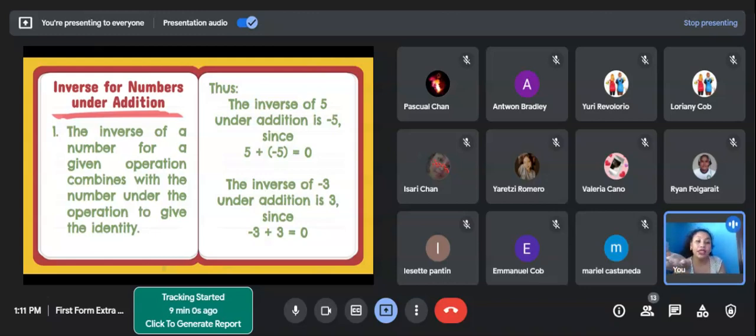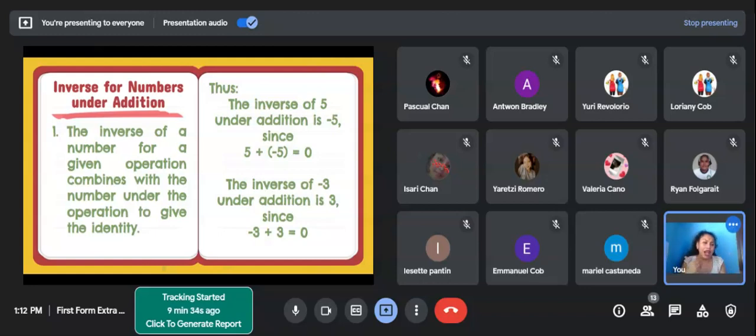So if I give you 5, you are going to tell me that the opposite is negative 5. If I give you 3, the opposite is negative 3. If I give you 10, the opposite is negative 10. If I give you a negative number, let's say negative 7, then you are going to tell me the opposite is positive 7. If I give you negative 12, you are going to say the opposite is positive 12.